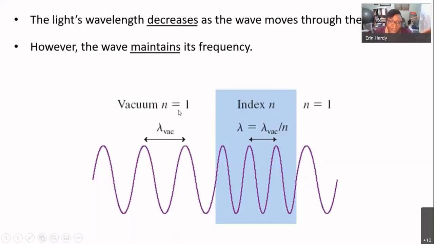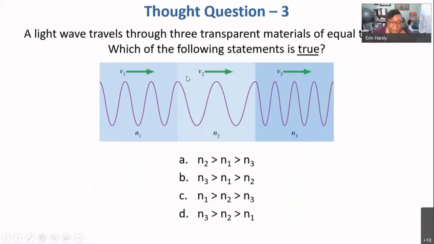The unshaded material has the lower index of refraction. So if we go from compressed to stretched out, that's telling us that we're going from a large n to a smaller n. So this tells us that n2 has to be less than n1. If n2 is less than n1, we can eliminate choice D because that doesn't make sense. We can eliminate choice A. And now we're down to the 2 in the middle.